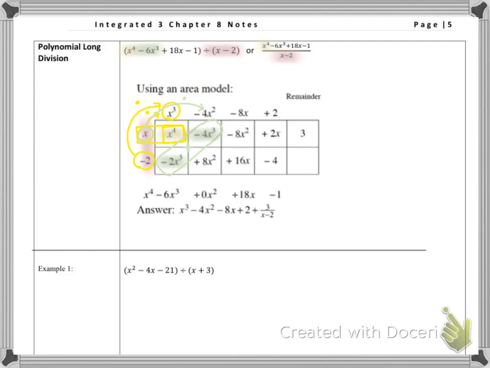Well, it's a -4x squared. Now you multiply that value times -2 to get the value that goes in the bottom again. And that is where our positive 8x squared comes from.